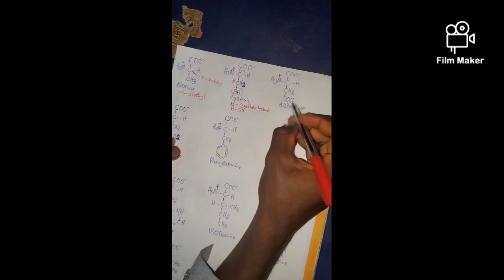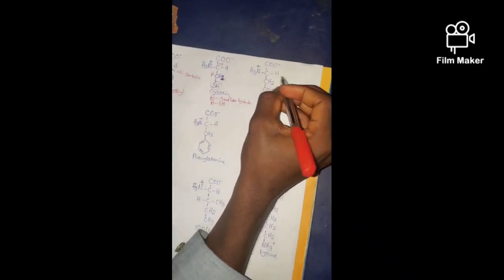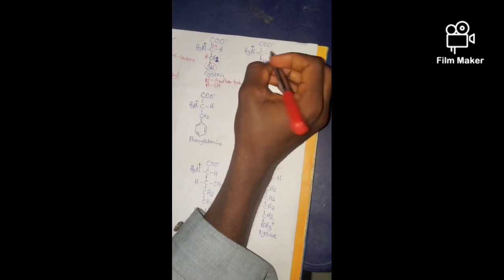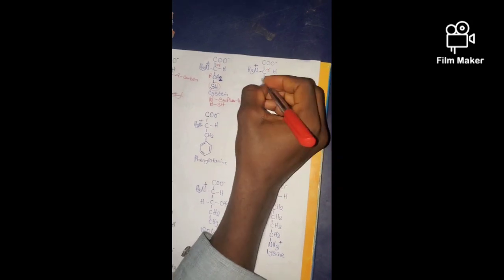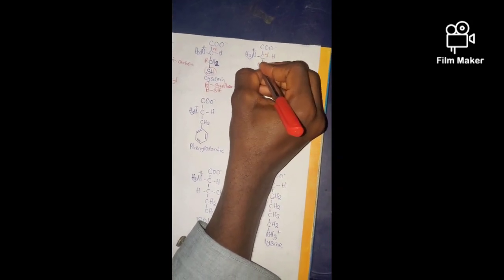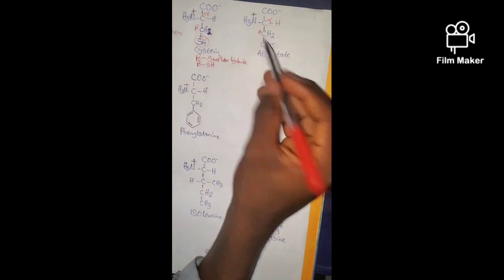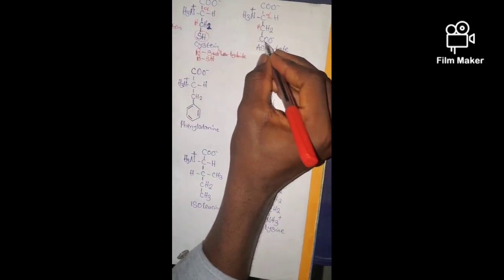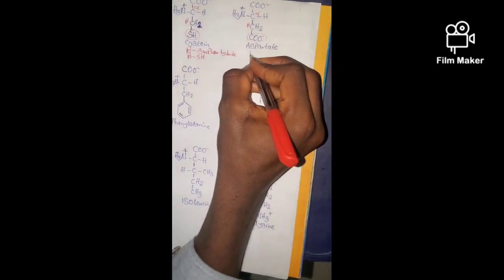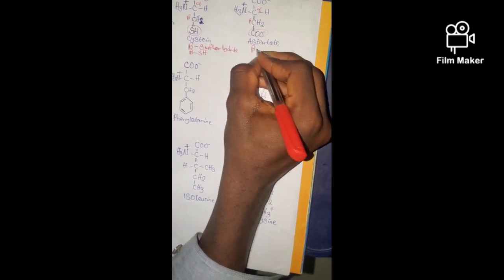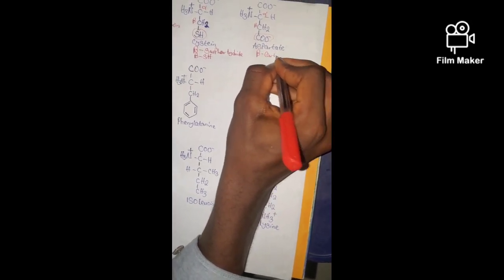Let's look at the chemistry behind the structures. This very one, we say this is the alpha carbon, right? This becomes the beta carbon. So on the beta carbon, we have the carboxy group. Okay, so it's going to be beta carboxy.